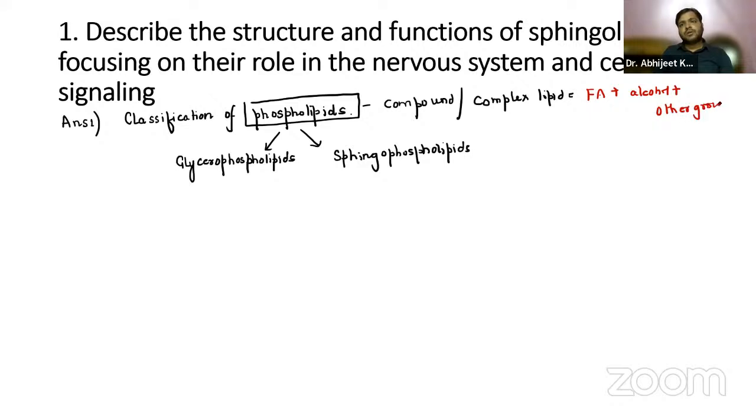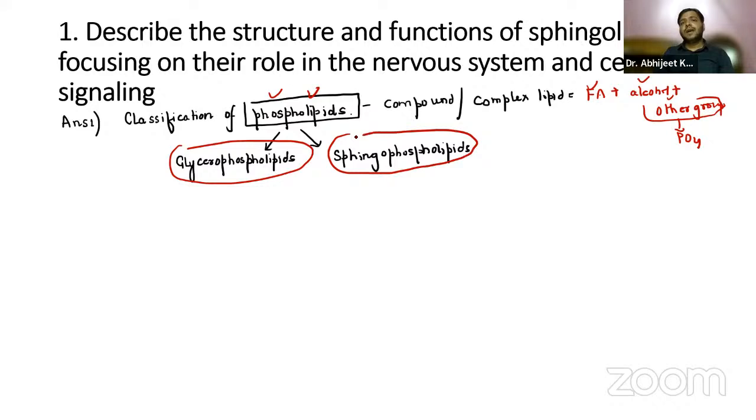Now here the other group is phosphate. That's why it is called phospholipids. So even in the glycerophospholipids, you will have fatty acid, alcohol, and other group. In sphingophospholipids also, you will have fatty acid plus alcohol and other group, that is phosphate only, right?